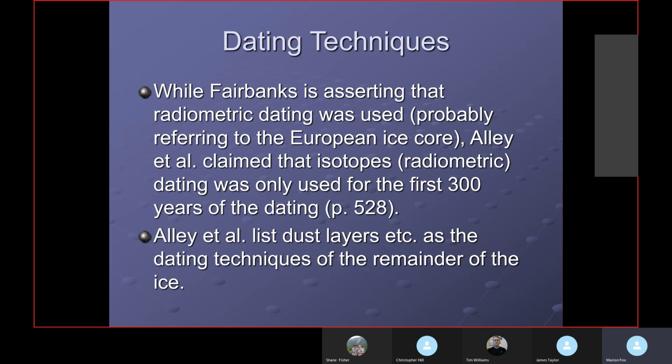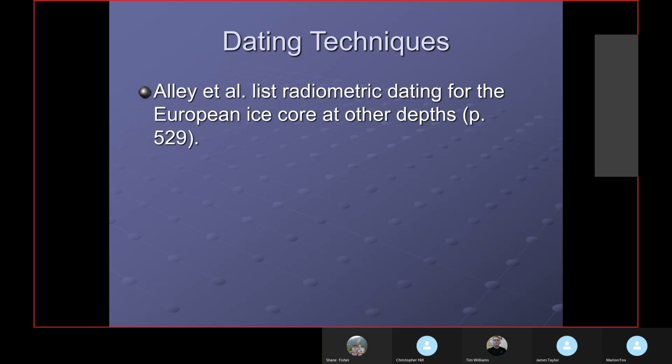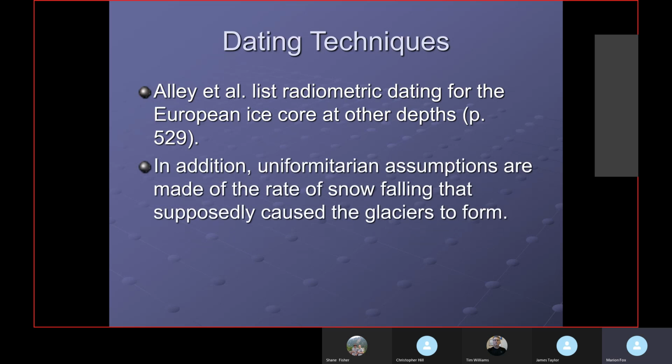They have to get it from other sources, and it always goes back to radiometric dating. Alley lists radiometric dating for the European ice core at other depths, page 529. In addition, they're making uniformitarian assumptions about the rate of the snow falling that supposedly caused the glaciers to form.